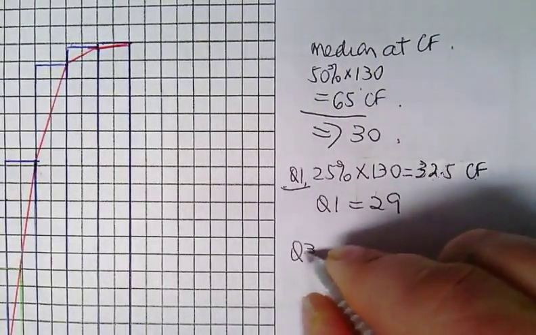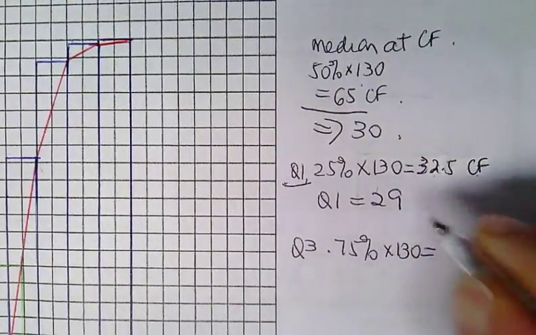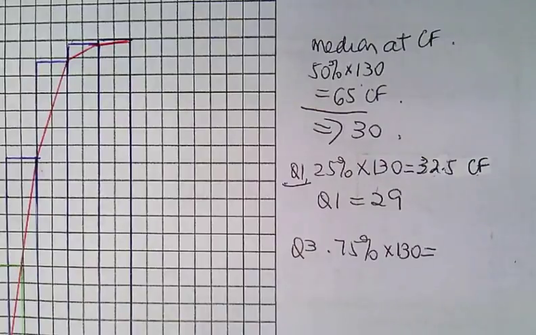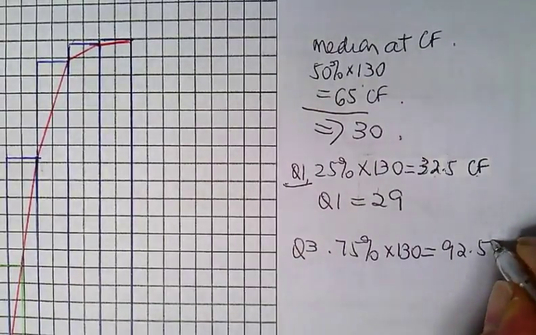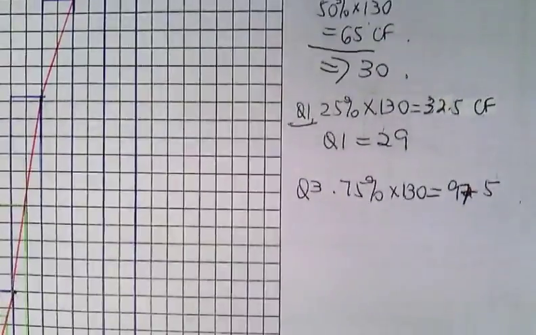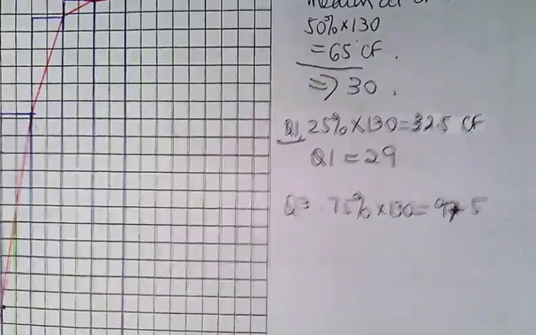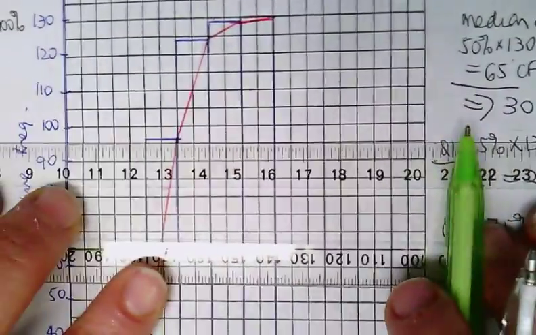Now I need to do my third quartile. That's 75% of 130, or 3/4 of 130, and that is 97.5. Sorry, just an error there. Okay, so just coming across on the graph at 97.5.